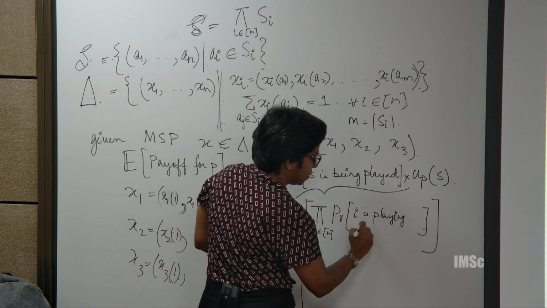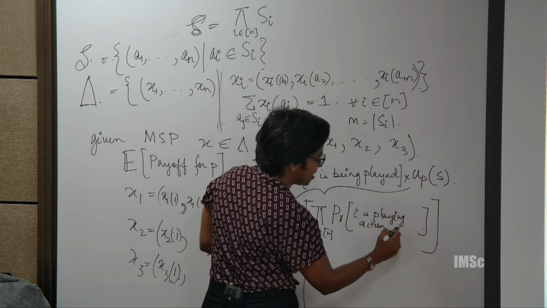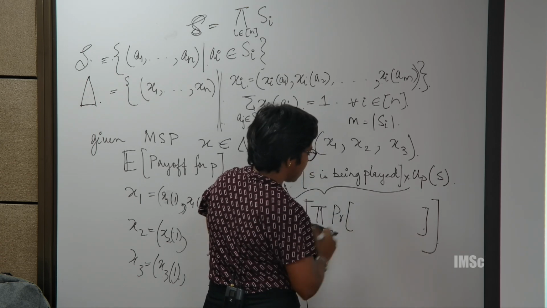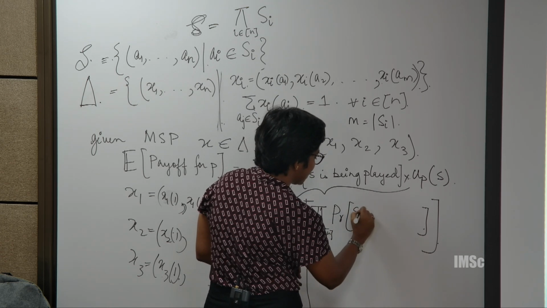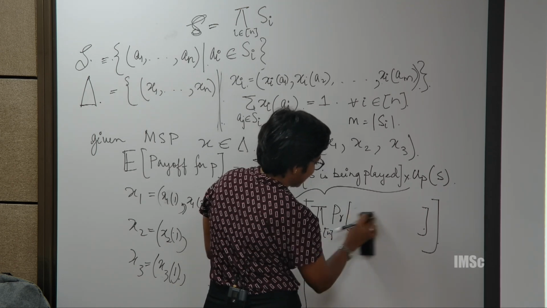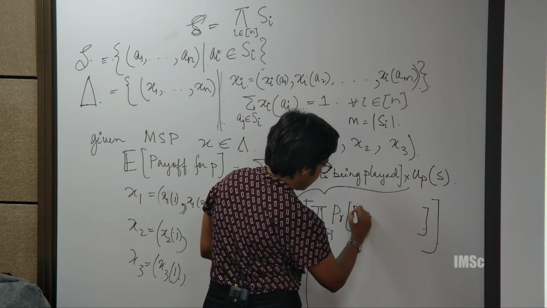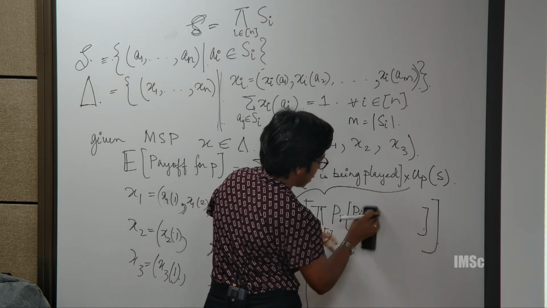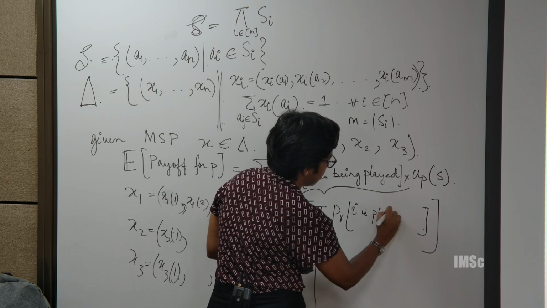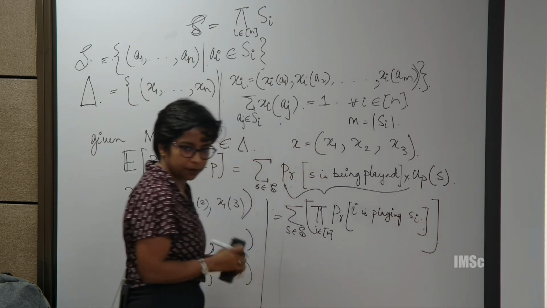I can write here, Si is better, right? Yeah. I had changed this notation to Ai when I was teaching the course because of the small and capital and lowercase confusion. So, the probability that player i is playing Si. Okay.